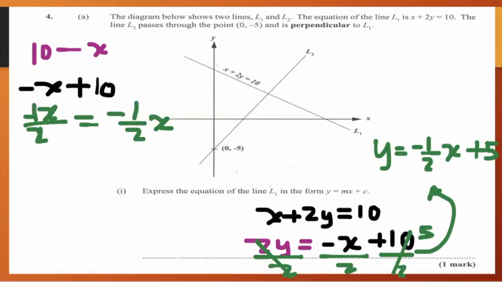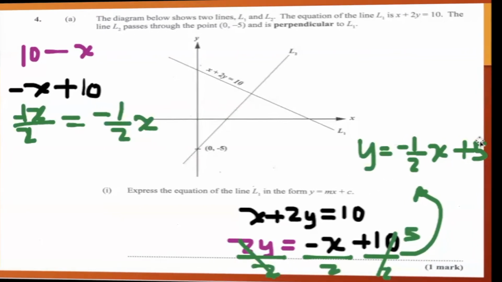So negative a half x is the same thing as minus x over 2. If this was a 3, then this would be minus 3 over 2x. If this was a 5, it would be minus 5 over 2x. So this is the equation of the line where you can clearly see the gradient and the constant.